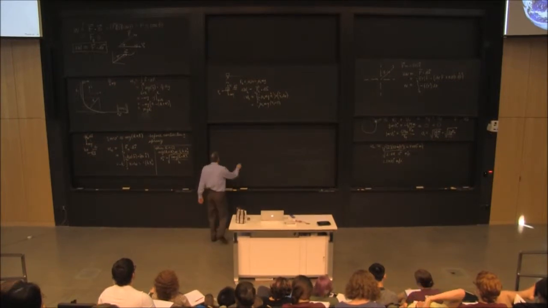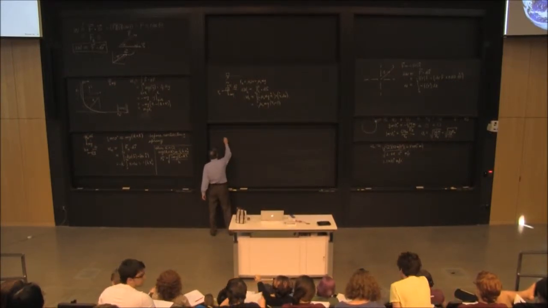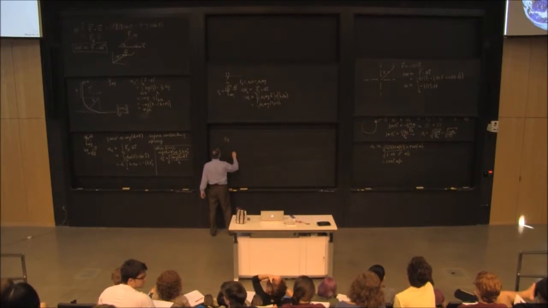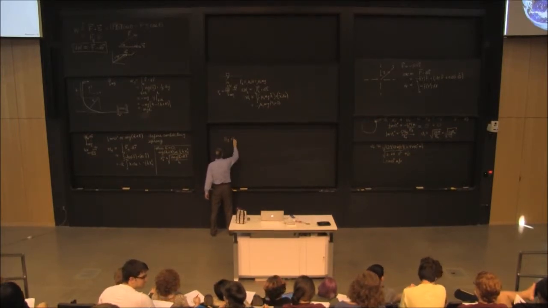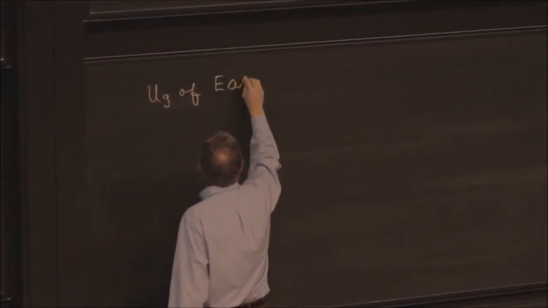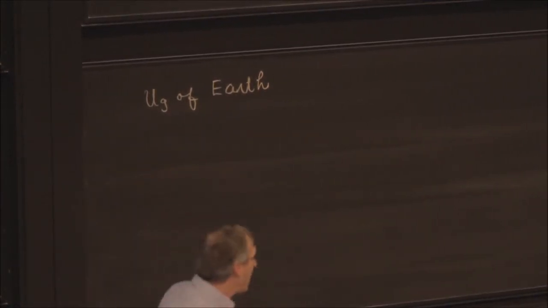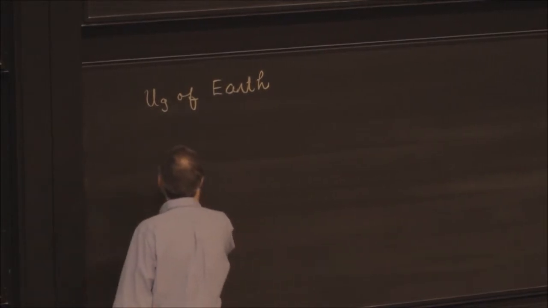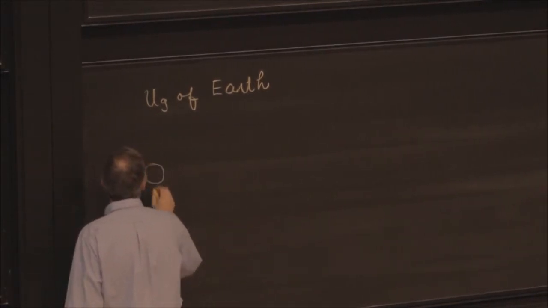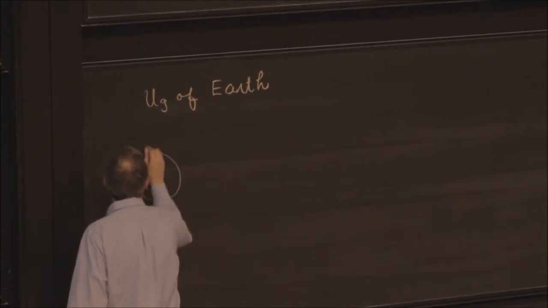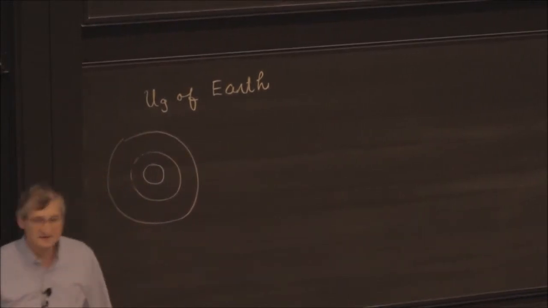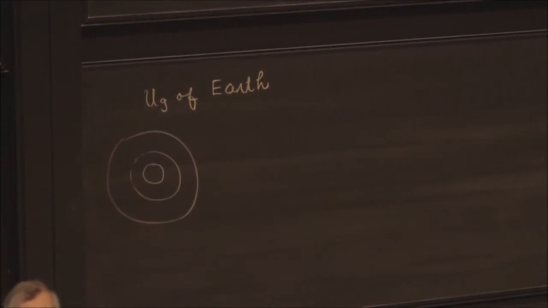Okay, so I want to calculate the gravitational potential energy released when Earth formed. So how am I going to do that? This is a problem, because as I'm building up the Earth with successive layers, the gravitational potential of the next little bit that I bring in cares about how much I already brought in, sadly, right?